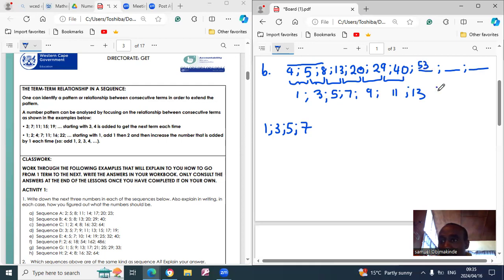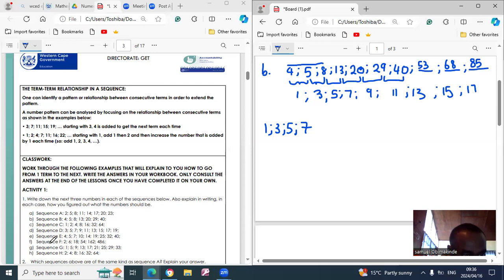Then the next odd number, which will be 15. So 15 plus 53, that will be 68. Then the next odd number, which is 17. 17 plus 68 gives 85. So that is how we complete that sequence.